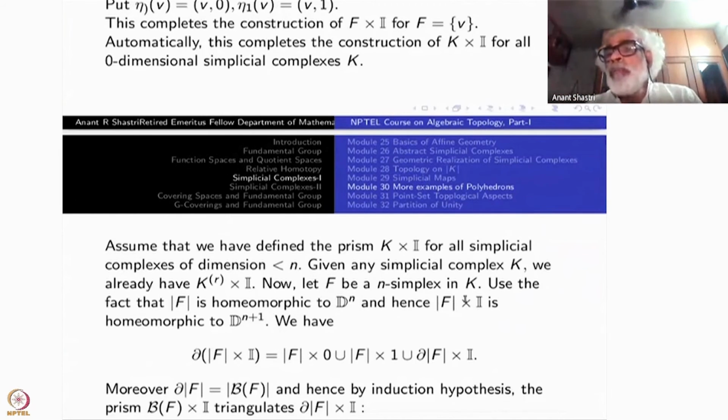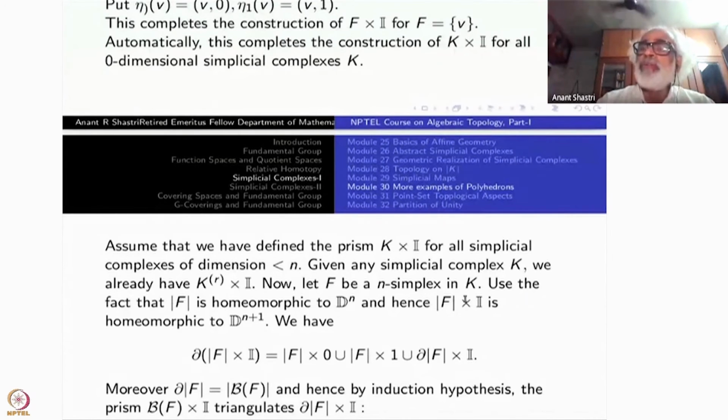On the bottom, F cross 0, I am not going to disturb it. I am keeping it as F. F cross 1 also I am not going to disturb. I am keeping it as F cross 1. So this way I complete the picture of mod F cross I and its boundary.